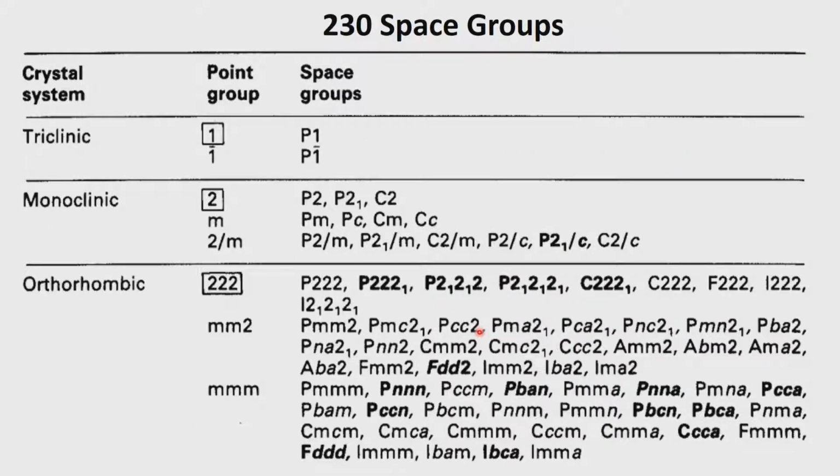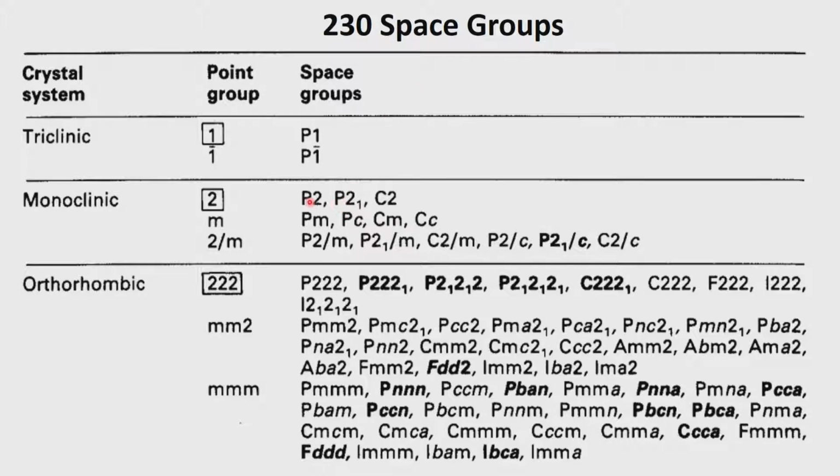So, at this moment we now have an understanding of the nature of the space group. So, now we can list out the 230 space groups straight away. Instead of going into the individual details, we have in fact examined the triclinic system thoroughly. It can go into 1 and 1 bar, the point group symmetries, and the space groups are P1 and P1 bar. In fact, we have systematically analyzed also the monoclinic system, where the point group symmetries are 2, m and 2/m. So, using the monoclinic point group symmetry, we can construct the possible space groups.